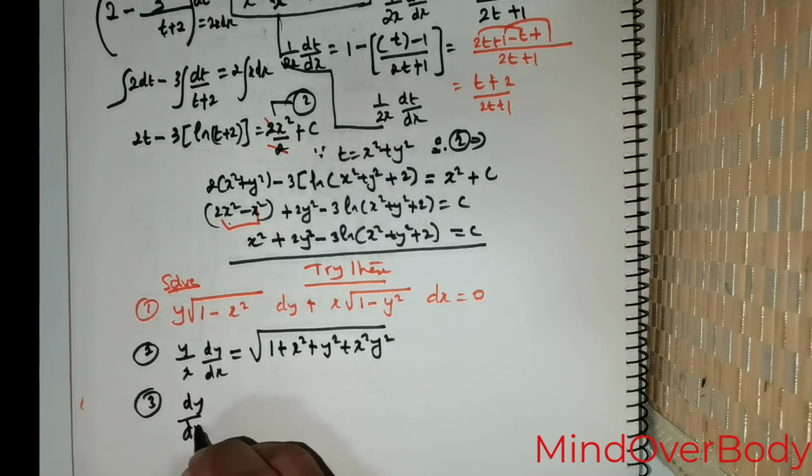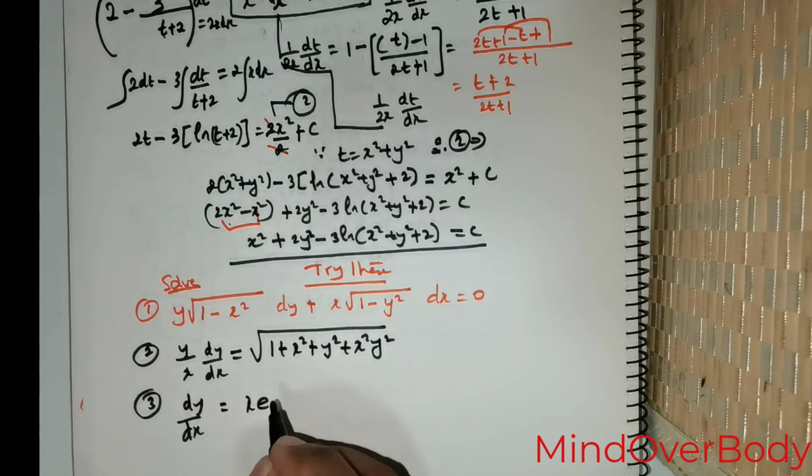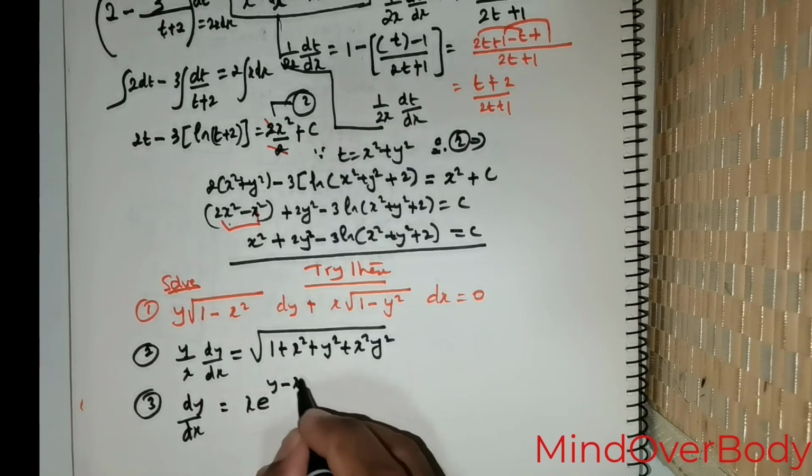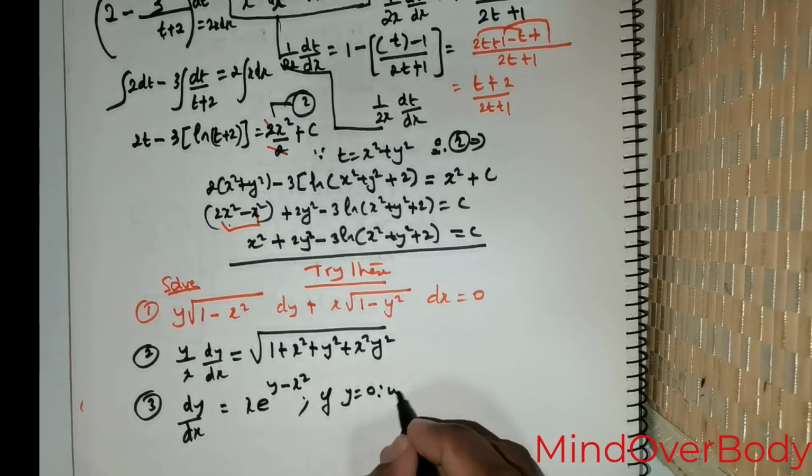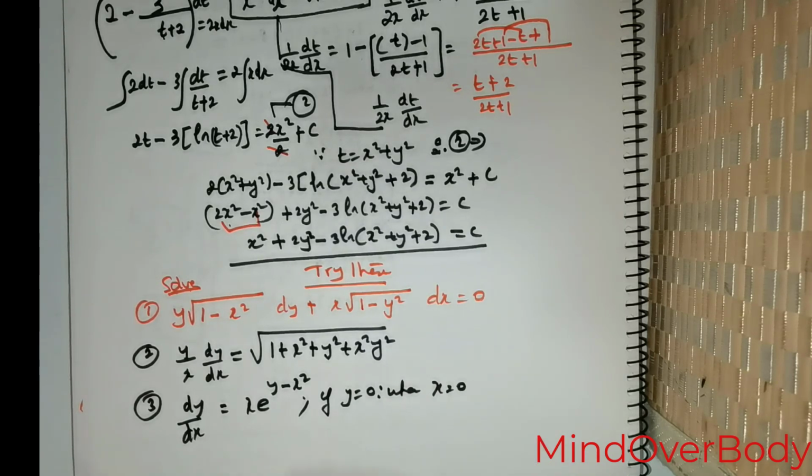So dy over dx is equal to x times e raised to the power of y negative x squared, if y is equal to 0 when x is equal to 0.